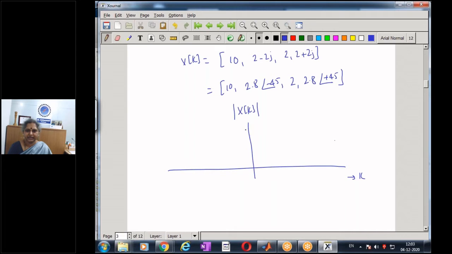At k equal to 0, it is 10. So because it is periodic with period 4, it will also be 10 at 4 and it will also be 10 at 8. So even though I compute only 4 values, I can sketch the spectrum for any length because of the periodicity.